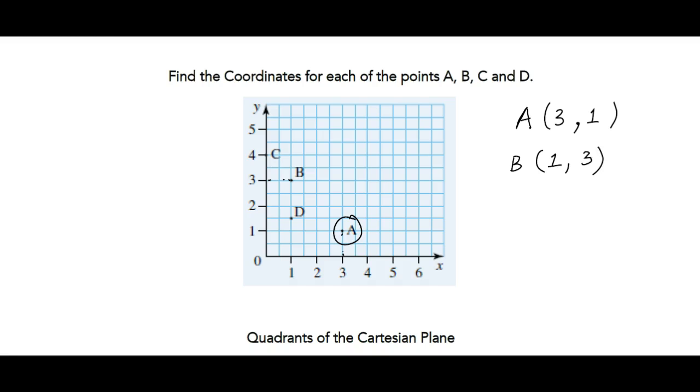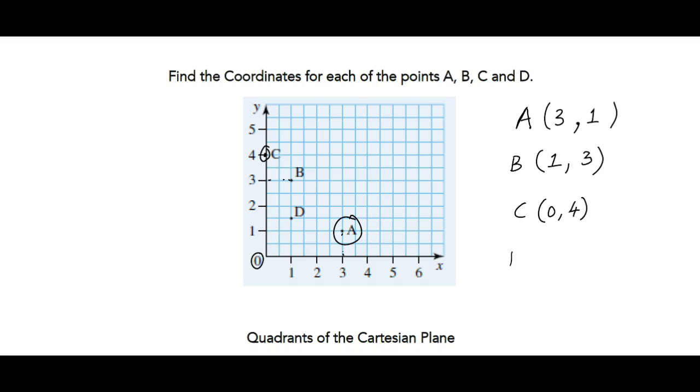For point C, if you notice, point C is on the y-axis. If the point is on the y-axis, the value for x is 0. So the x value for point C is 0, and the y value for point C is a 4.